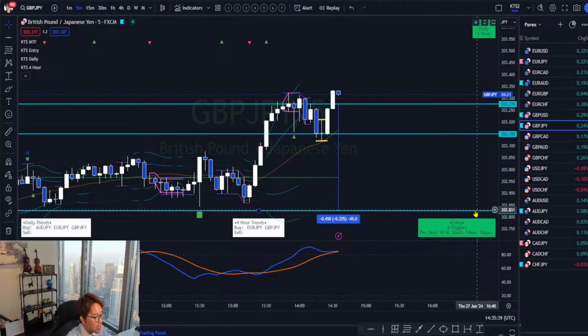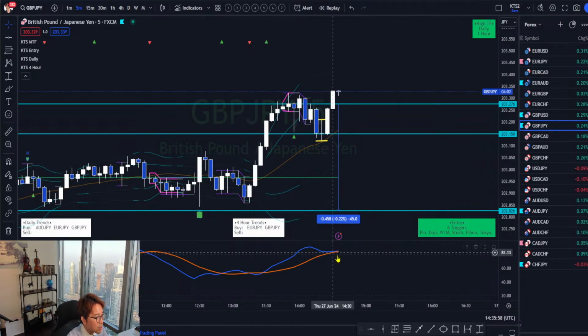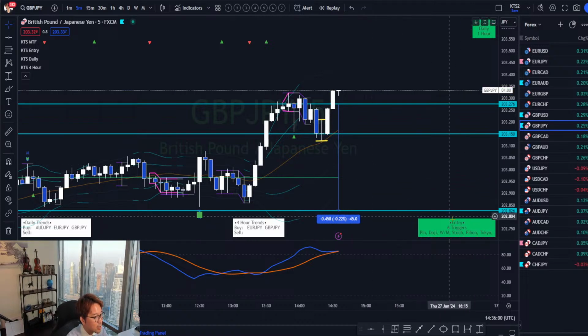So it has now six entry confirmations as per my own strategy, which are pin bar breakout and doji breakout. Doji break is this one, pin bar break is here, and stochastic gold cross, Fibonacci.